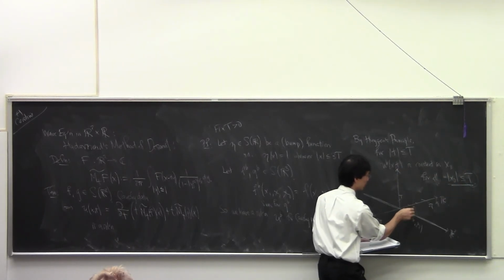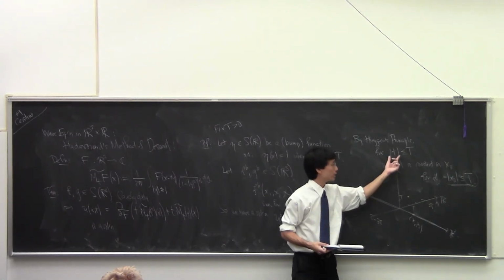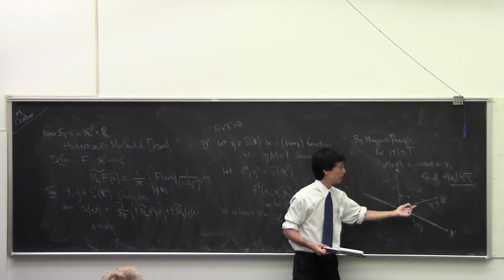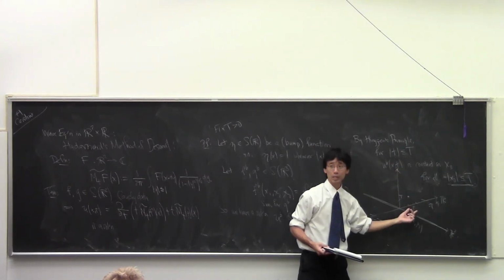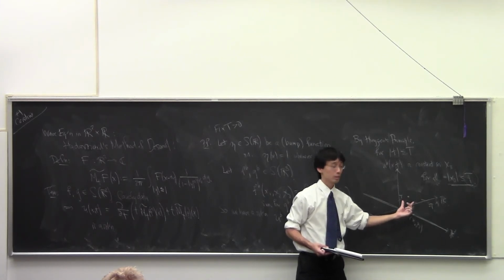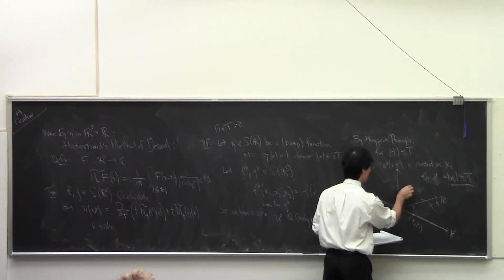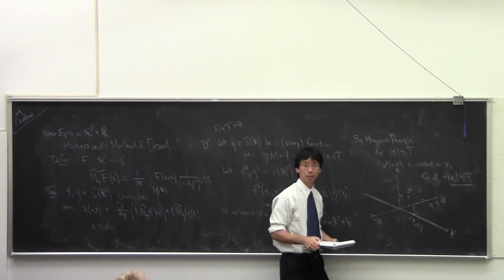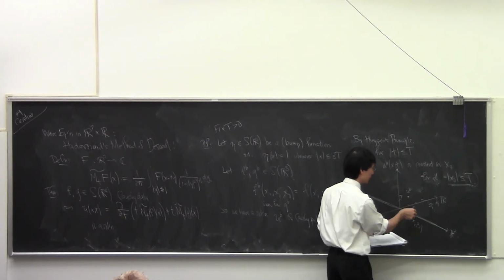At the worst, my t is capital T, and the size of my x3 is capital T also. This is the worst, this is the boundary. And we're thinking about U flat. By Huygens' principle, U flat depends on this cone down here.